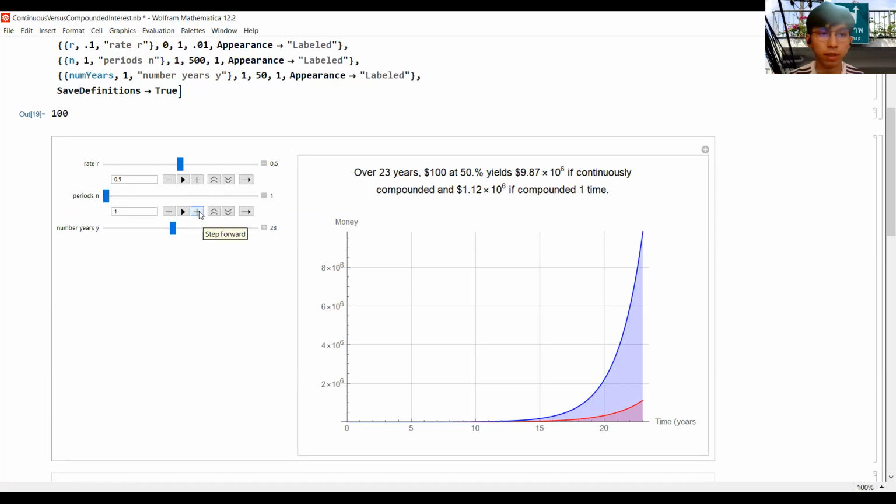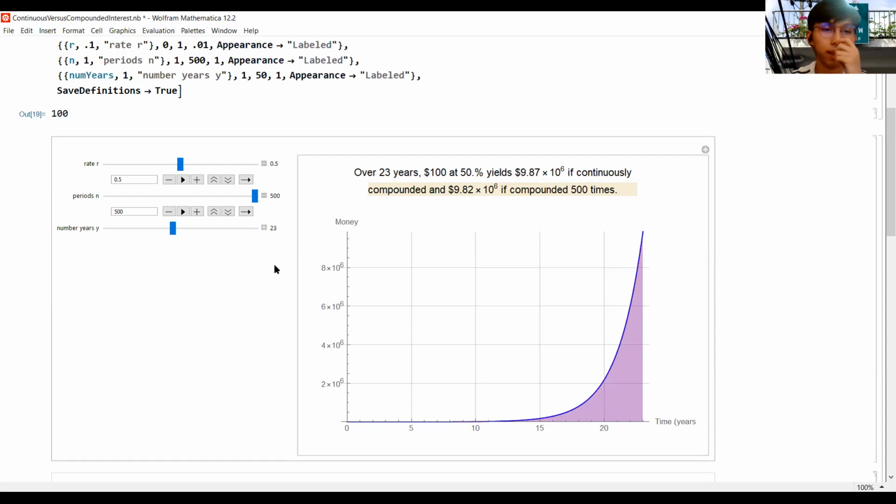You see that if we increase just 1 or 2 times, the final return increases. But with 12 times or 30 times, it is not very different from the ideal. And if we take n to be 500, it will be this value, but it's never greater than continuous compounding.